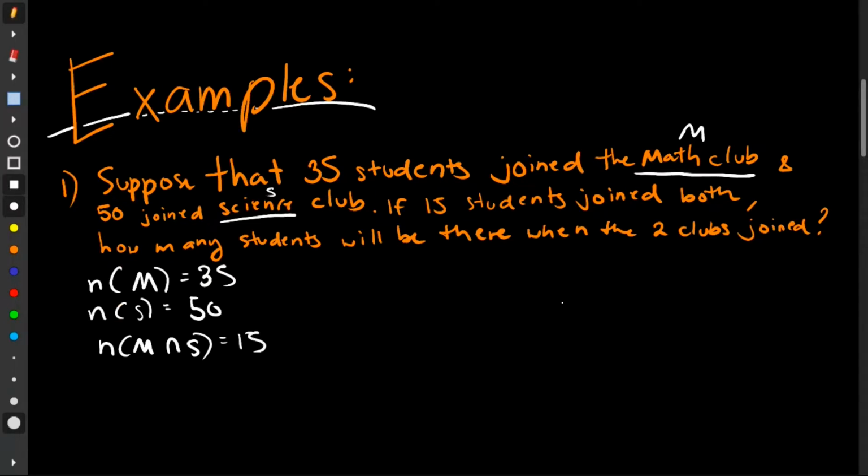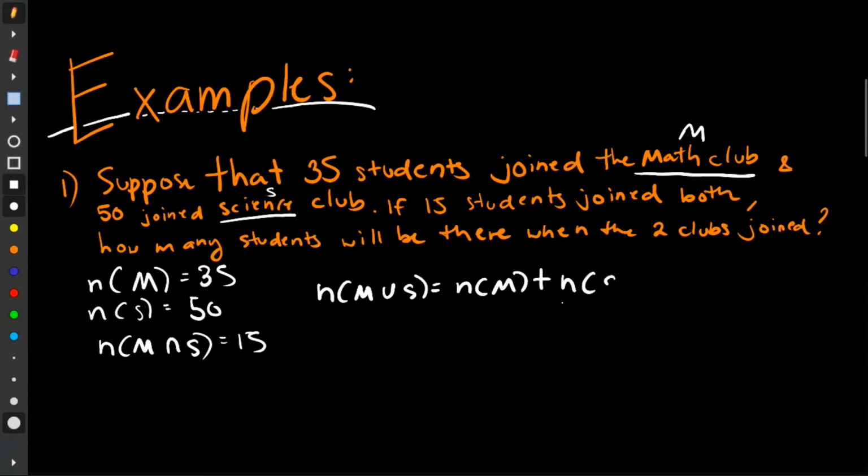Now, how many students will be there when the 2 clubs join? As mentioned a while ago, the cardinality of the union is given by the cardinality of M plus the cardinality of S minus the cardinality of their intersection.